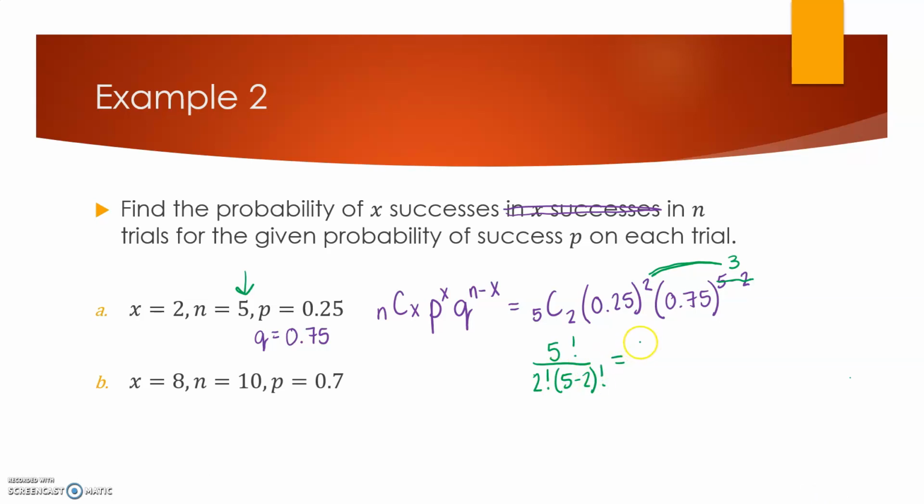I'm going to write this out: 5 times 4 times 3 times 2 times 1 over 2 times 1 here, and 3 times 2 times 1.